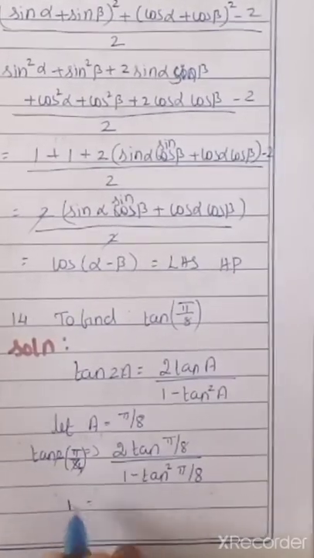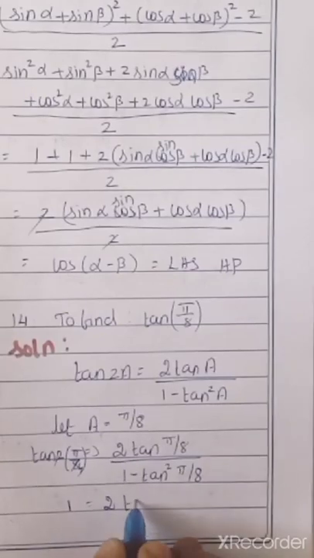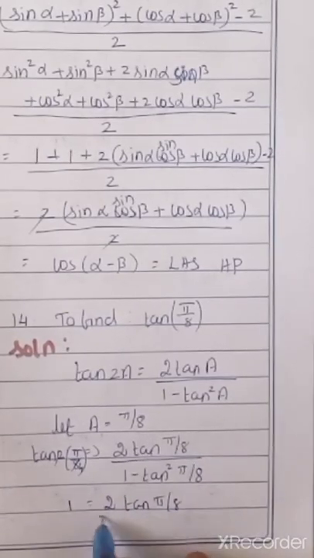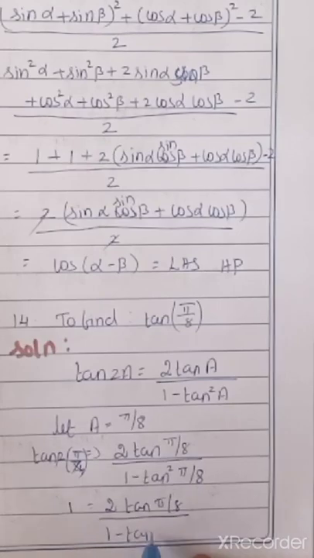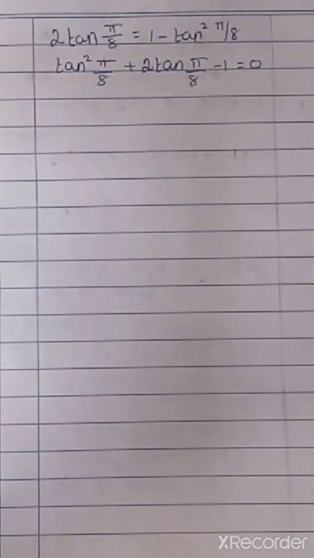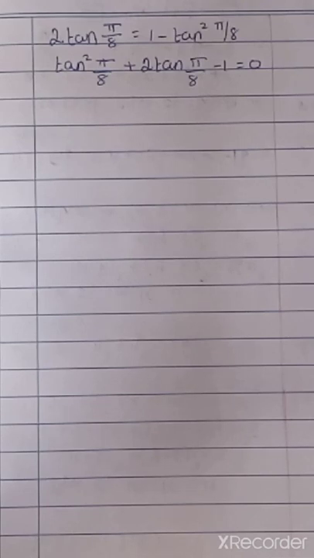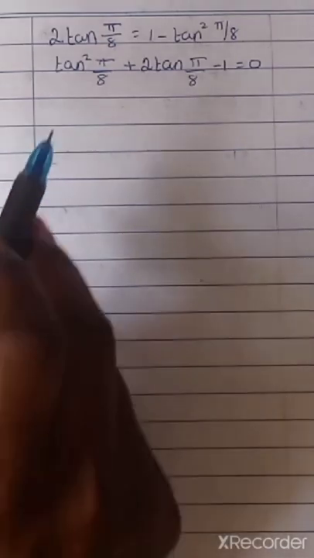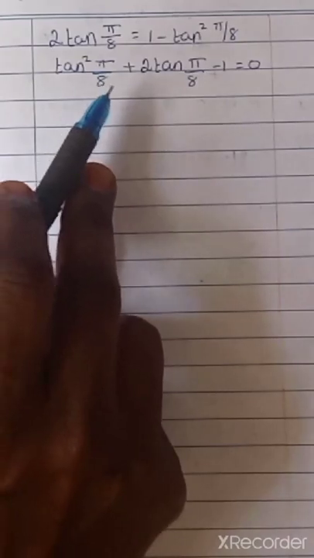So 1 equals 2 tan pi by 8 divided by 1 minus tan square pi by 8. Now, taking the denominator to the other side, you will get 2 tan pi by 8 equal to 1 minus tan square pi by 8. Taking everything to one side, tan square pi by 8 plus 2 tan pi by 8 minus 1 equal to 0.